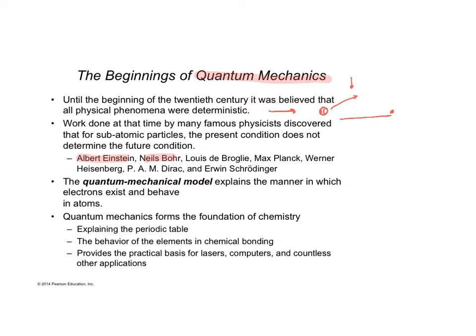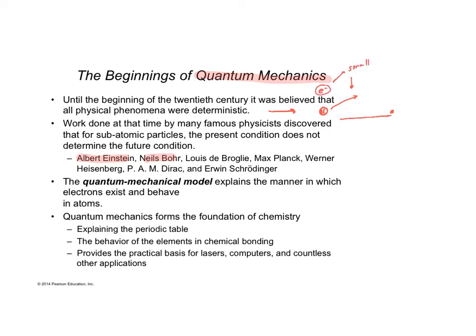With knowing various features and characteristics of whatever thing we're dealing with, we can predict where it's going to end up. The problem with quantum mechanics and with electrons in general is, number one, that electrons are very small.